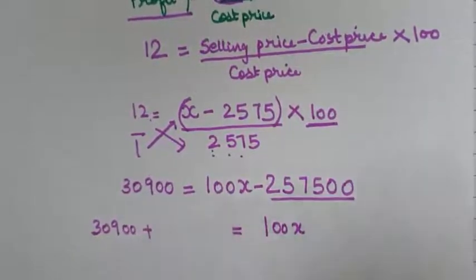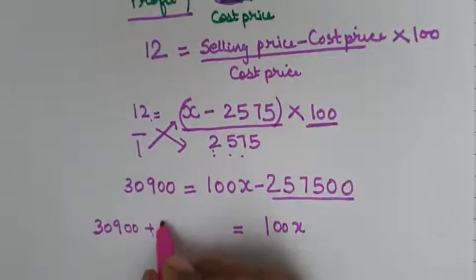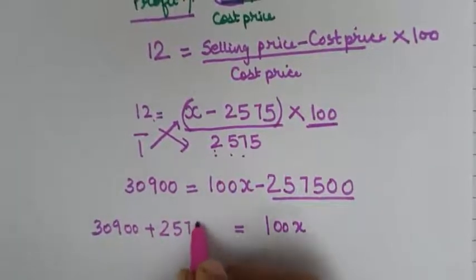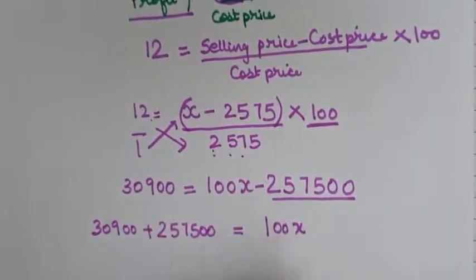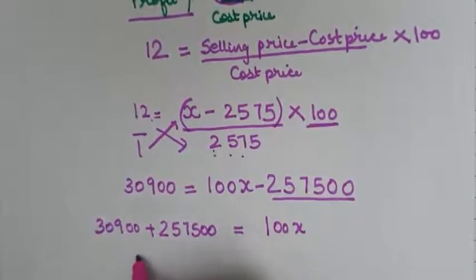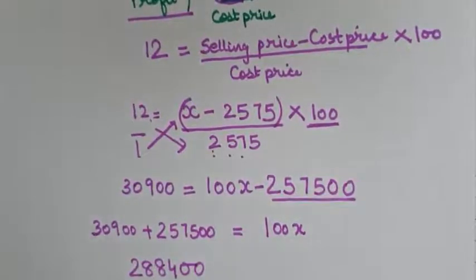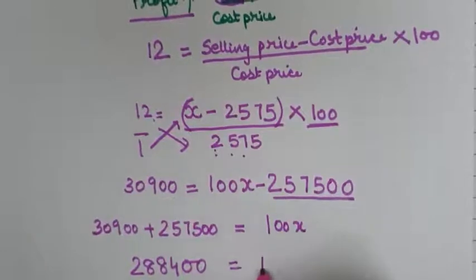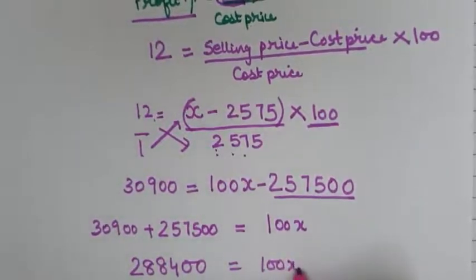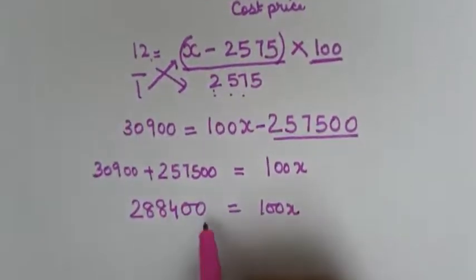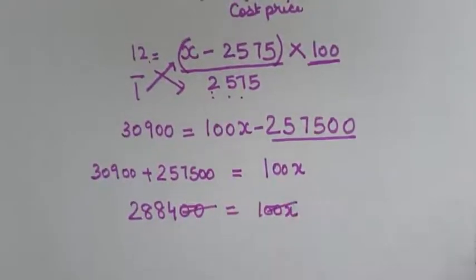We get 257500. So finally on adding we get 2,88,400 is equal to 100x. Now cancel two zeros.